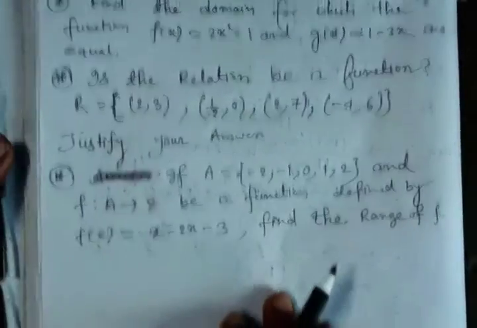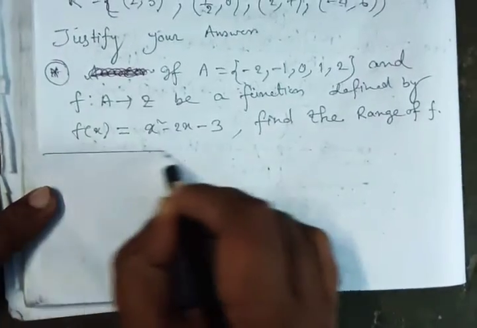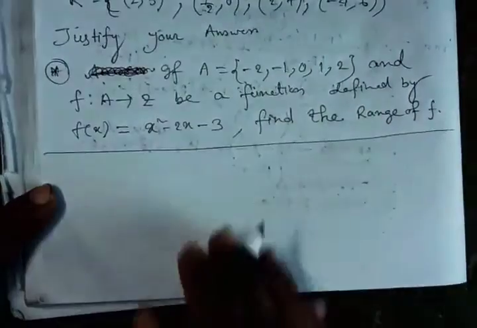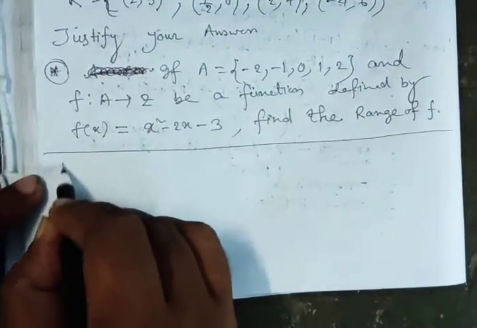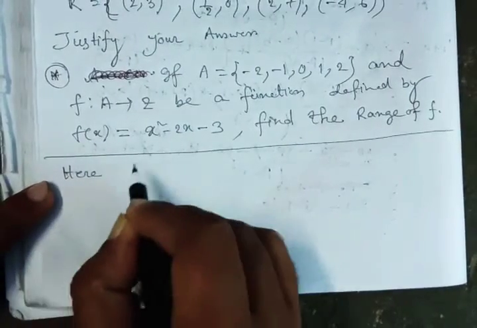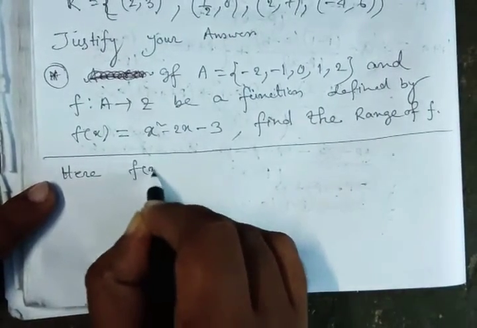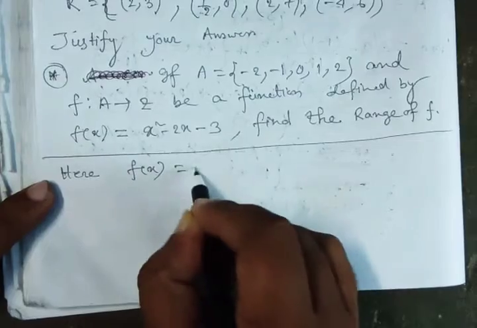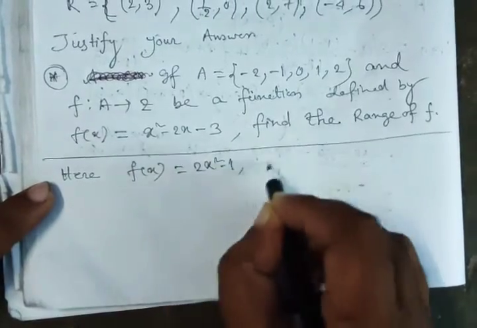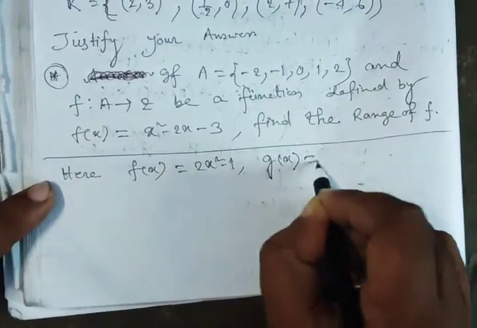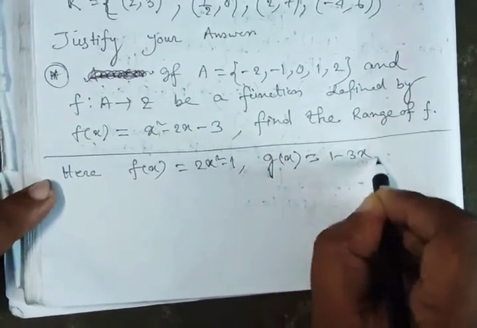Here f(x) is equal to 2x² − 1, g(x) is equal to 1 − 3x.